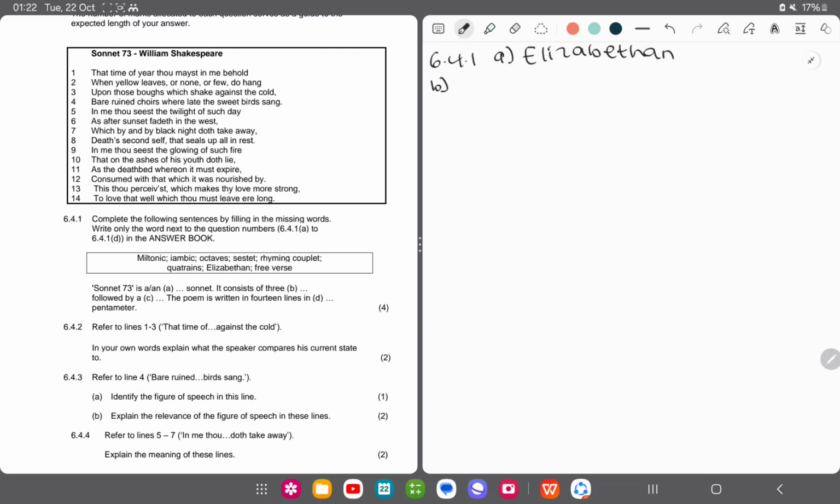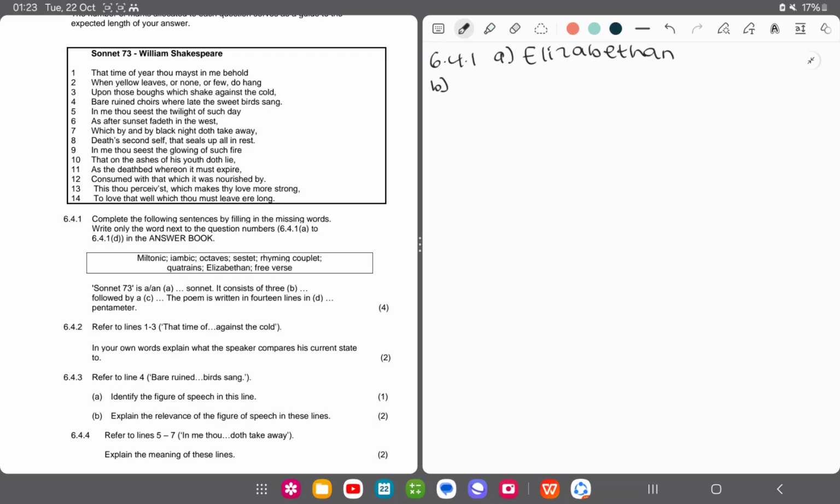Well, we can't say it consists of three free verse or three octaves or three Elizabethan or whatever. So what you're going to do if you don't understand the types of stanzas or the number of whatever, but if you know the word quad, you would understand that it represents 4.